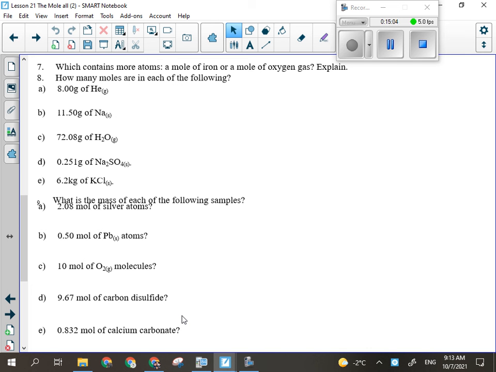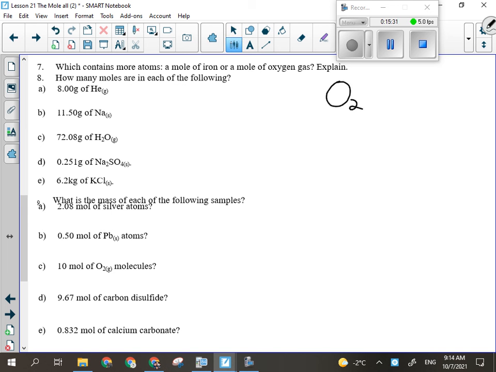A mole is always 6.02 times 10 to the 23. And if I was talking about anything other than oxygen, nitrogen, chlorine, fluorine, or any of those special elements, that would be true. If I have 1 mole of sodium atoms, I have 6.02 times 10 to the 23 atoms. If I have 1 mole of iron, I have 6.02 times 10 to the 23 atoms of iron. But oxygen is O2.